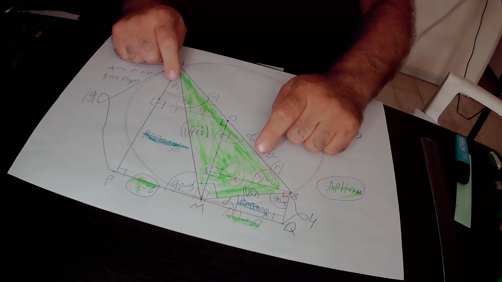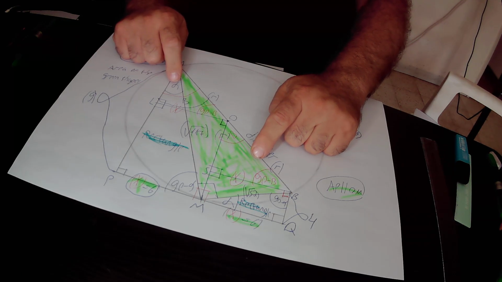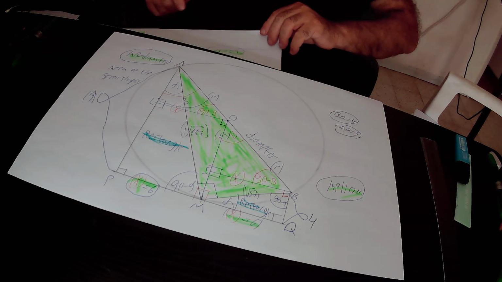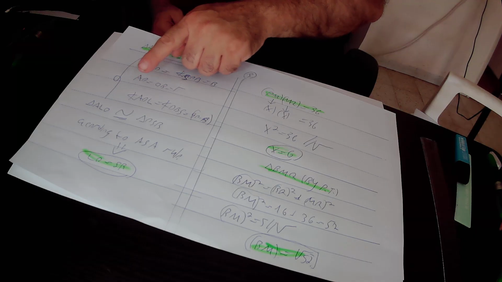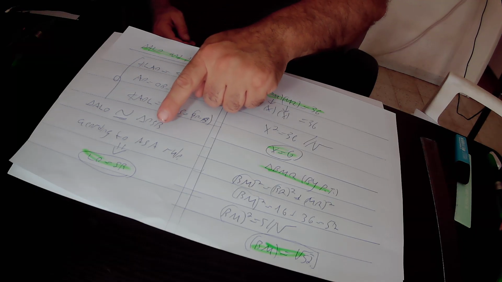And therefore, those two right triangles can go into each other according to the angle-side-angle rule. So the right triangle ALO can go into the right triangle OSB.